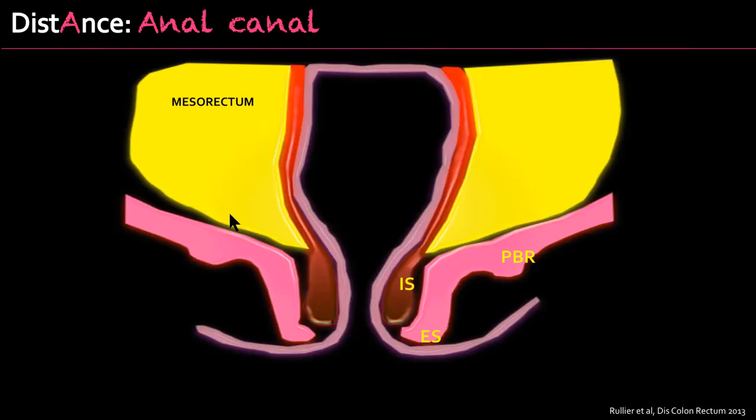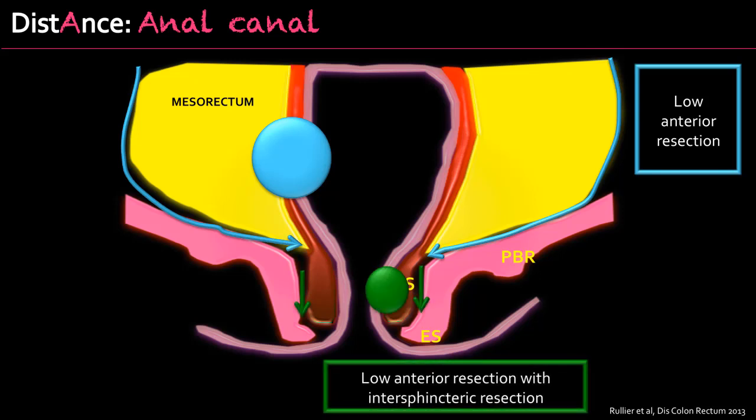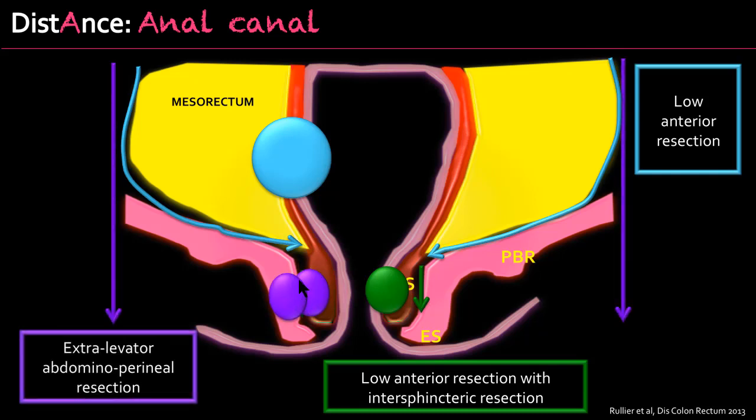So just schematically, what is the usual treatment for those patients? If the tumor is lying above the puborectal sling, it's fine. They can do a low anterior resection. If it's lying below, and if just contained within the internal sphincter, they can do an intersphincteric resection. However, if it's going within this space, or the puborectalis or the external sphincter, they need to do an amputation.